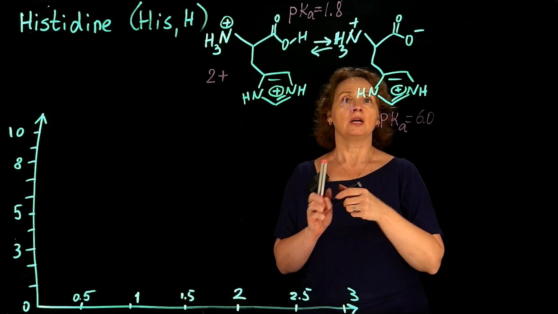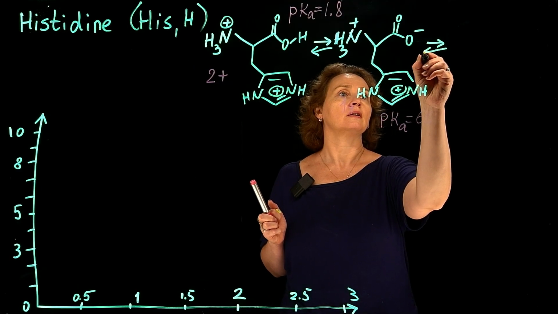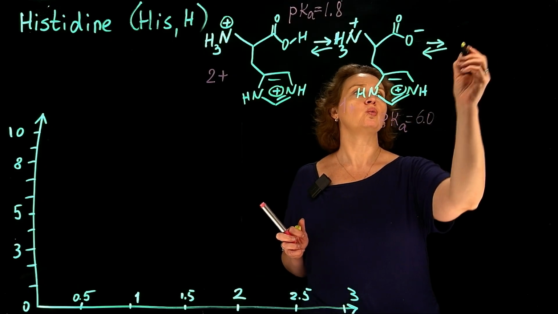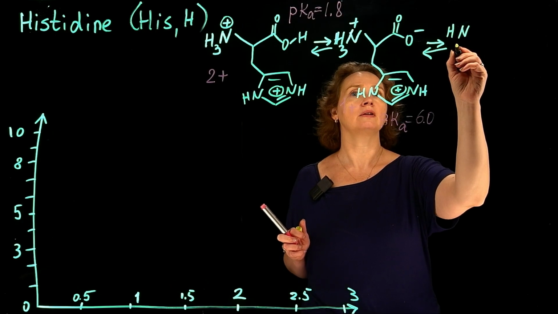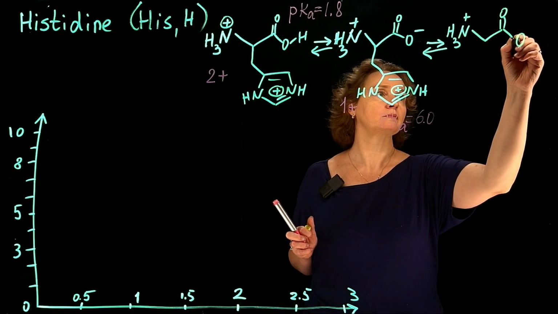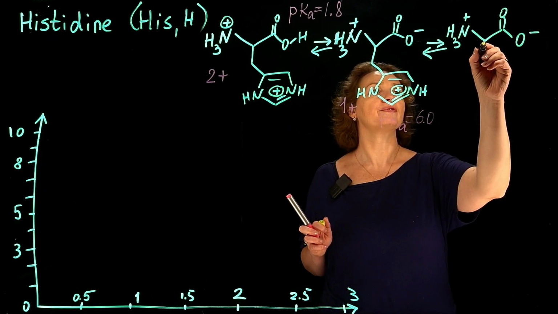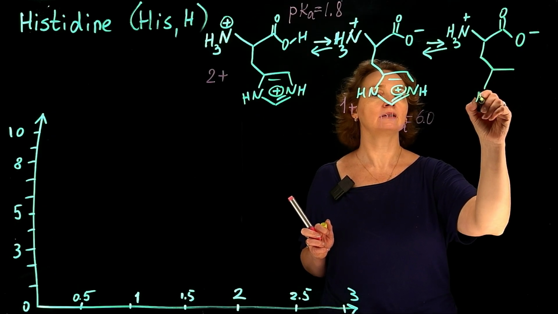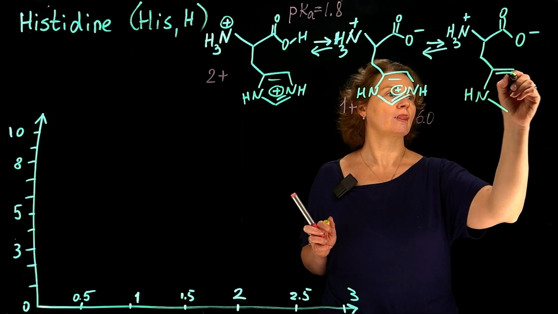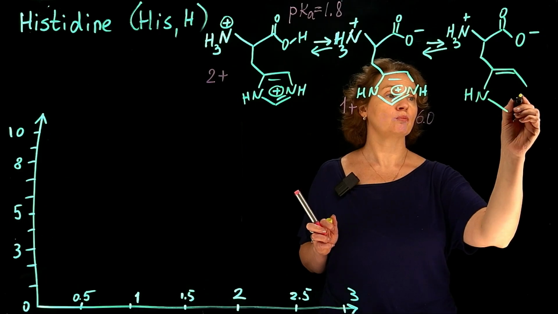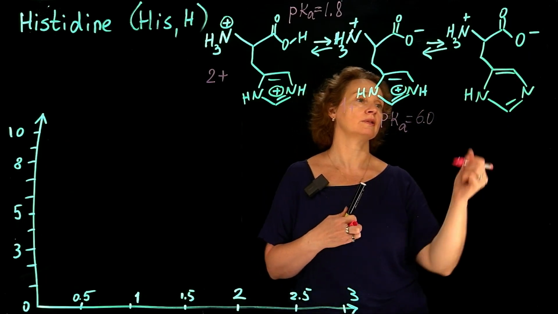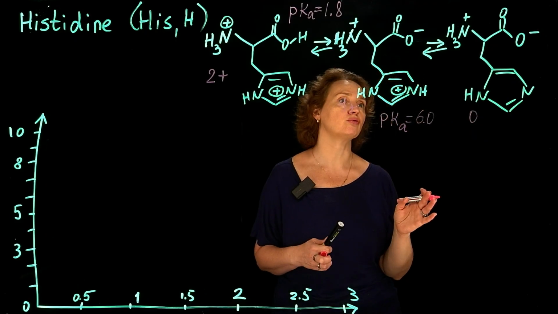Now, the conjugate base of that second dissociation step would be this neutral form of histidine, in which both the side chain and carboxyl group are deprotonated. So that is the zwitterion or neutral form.